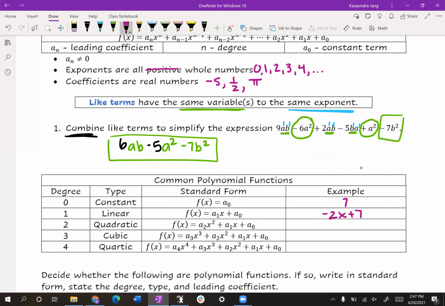There is an example of a linear polynomial in standard form. My quadratic starts with a degree of 2. So it goes 2, 1, 0. Maybe 3x squared minus 2x plus 7. So that is a quadratic type of polynomial.